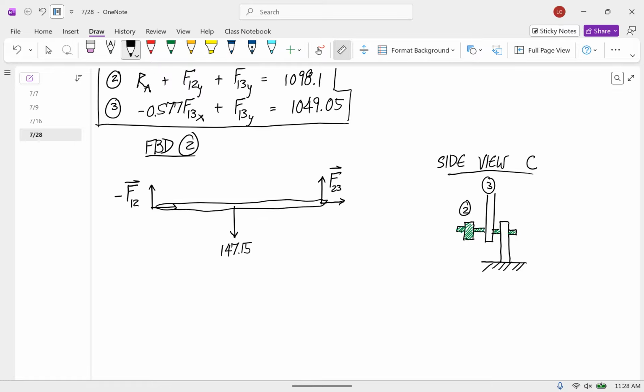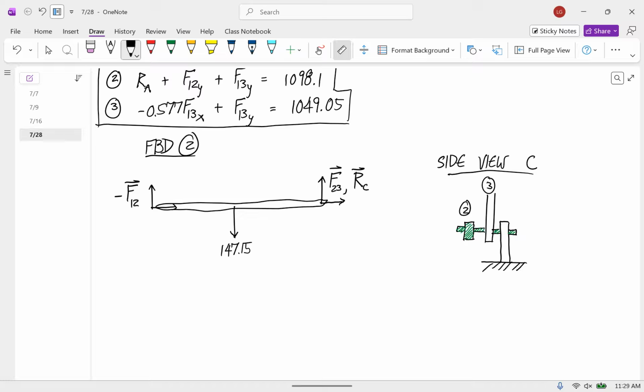And we also have, I'll do it as 2 separate forces, the reaction at C. But notice when we isolate member 3, because 3 doesn't touch the ground in any way, member 3 is not going to have a reaction RC on it.